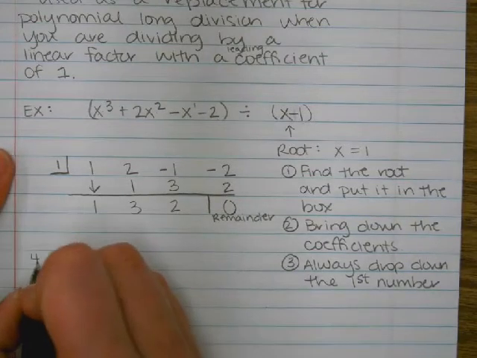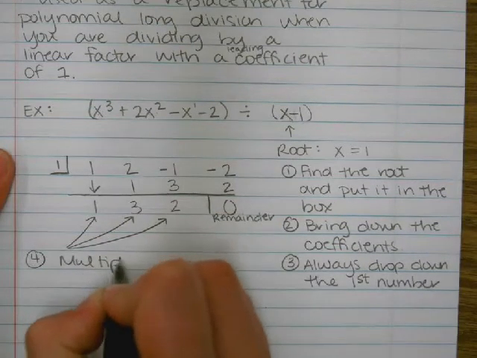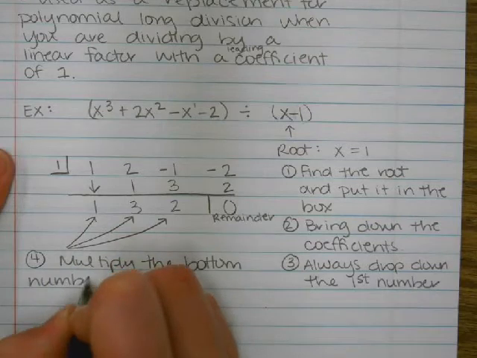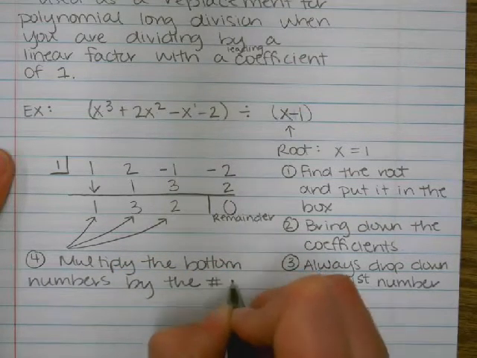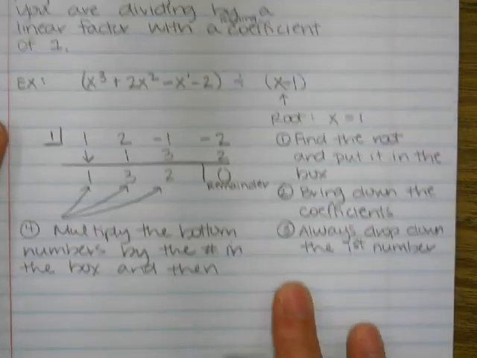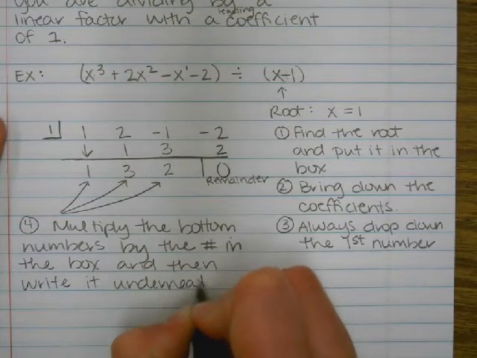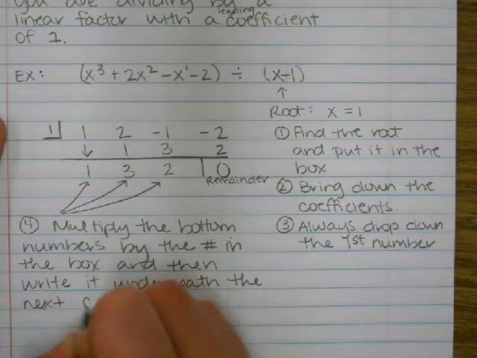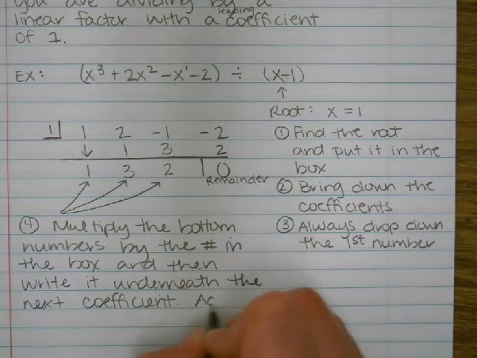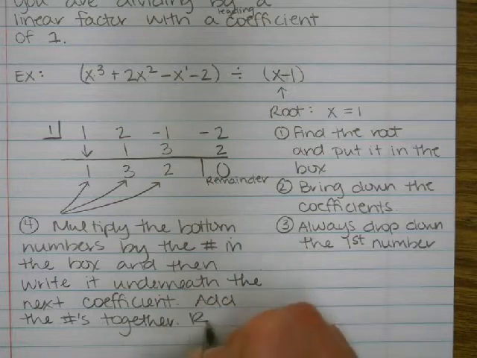I'm going to put step 4 over here: multiply the bottom numbers by the number in the box, and then write it underneath the next coefficient. Add the numbers together. Repeat.